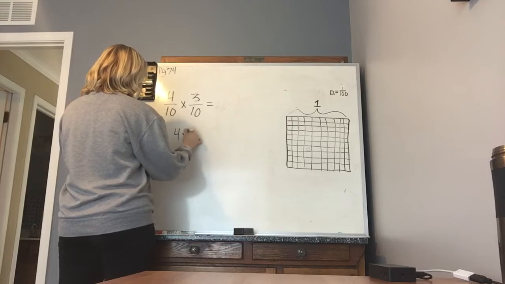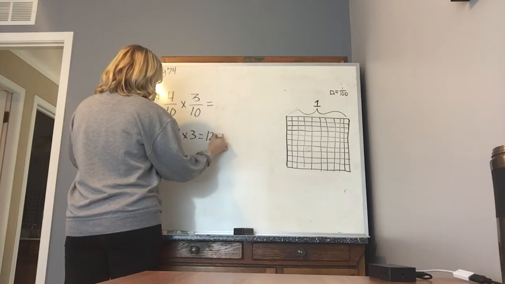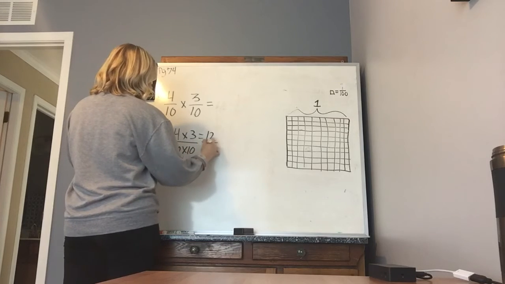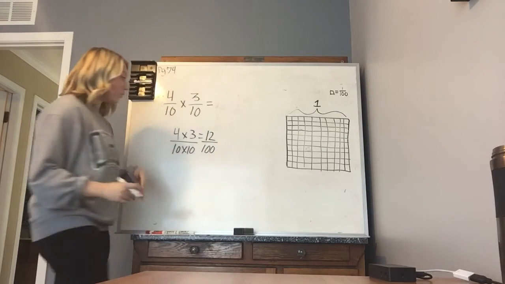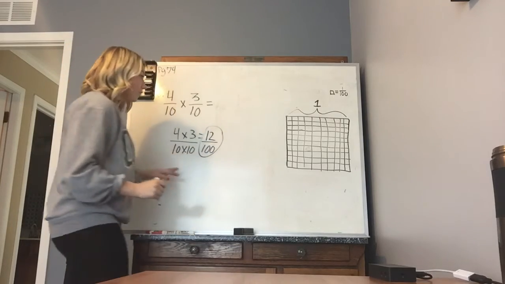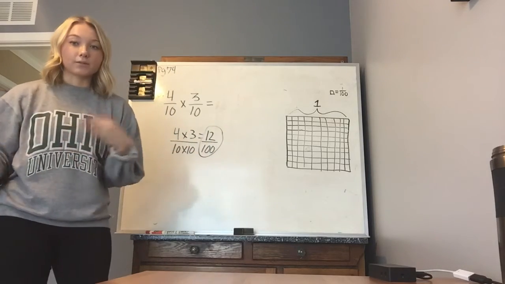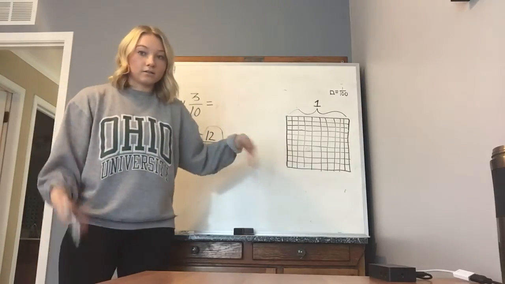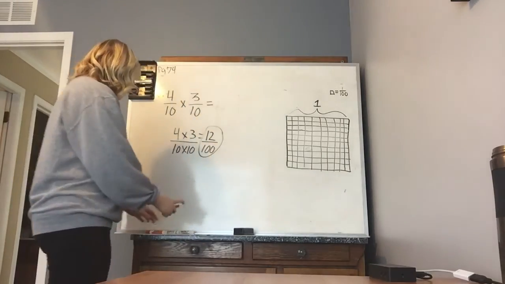So 4 times 3, we know is 12, and then over 10 times 10 is 100. Okay, so we can just do that, right? But they want to know in decimal form. So we can change it into decimal form, and that's what's going to be on page 75. But I want to show you how it looks visually, okay?